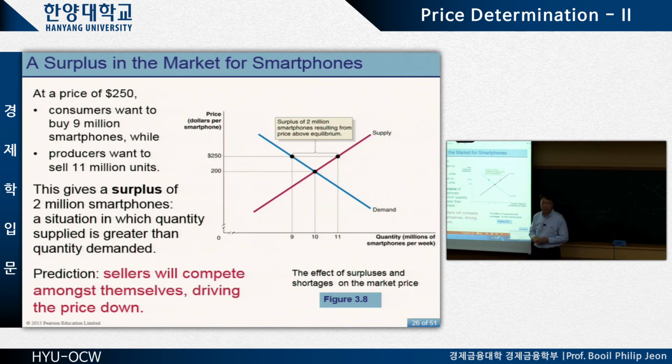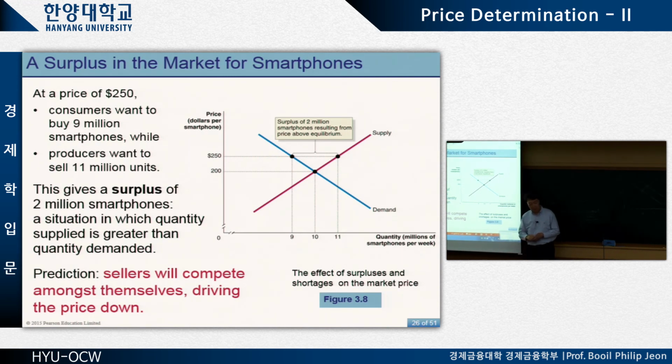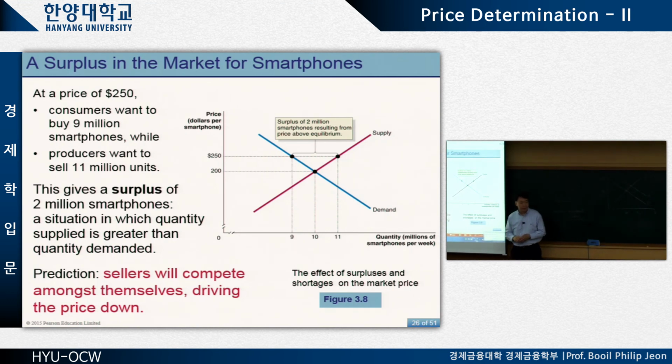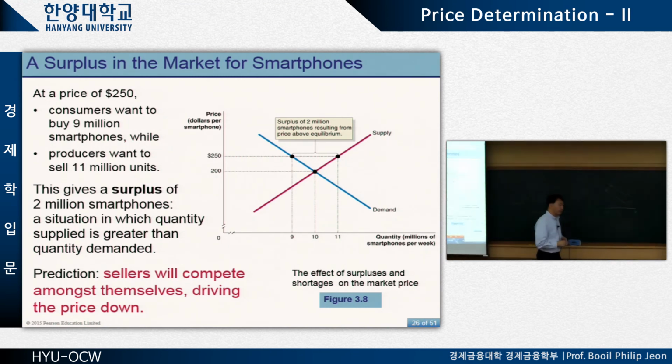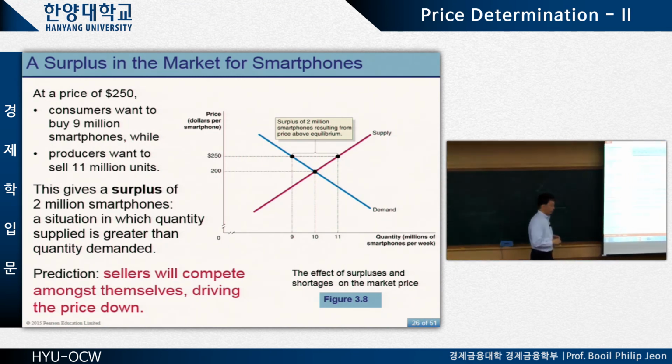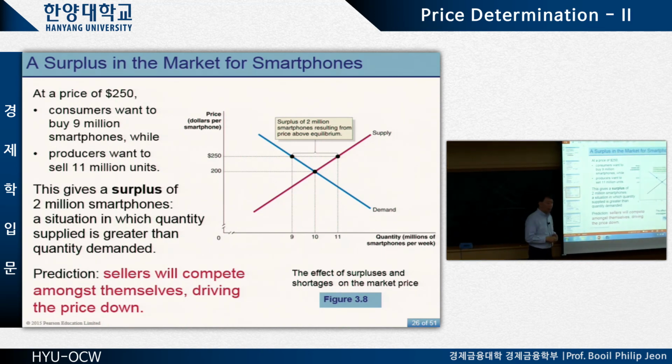But households found out that the price is a little too high, so not as many households could afford that $250 price. So only 9 million units were sold in the market. That means 2 million units are unsold, still remaining at the store.